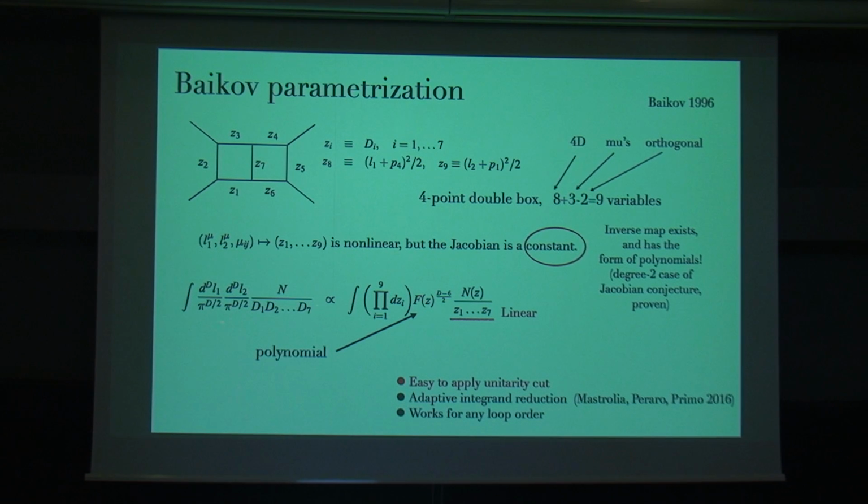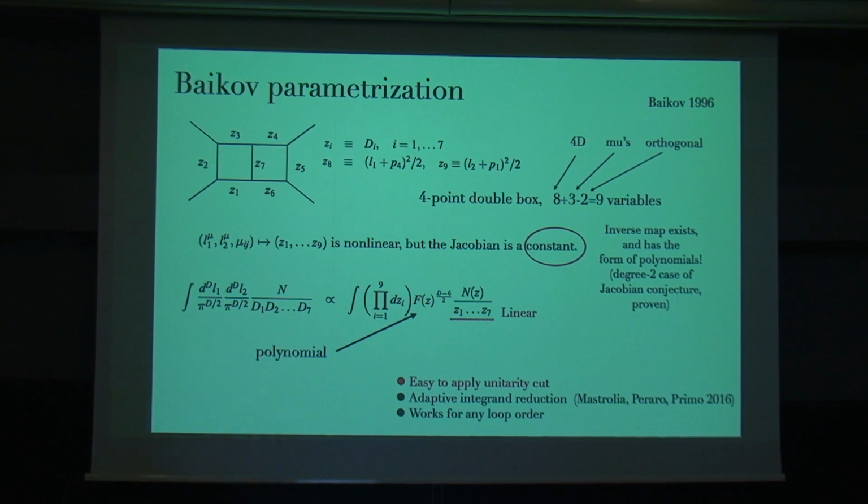So you will change the integrand like this. You can see immediately here it has some quadratic functions with d's, but after this Baikov parameterization, everything is linear. If the denominator is linear, then you find that all the cancellation between numerator and denominator becomes quite trivial.